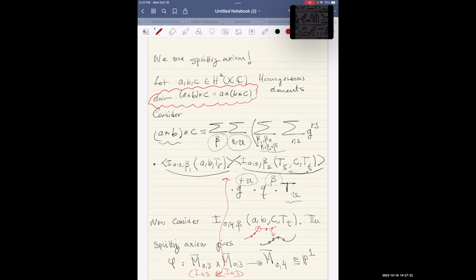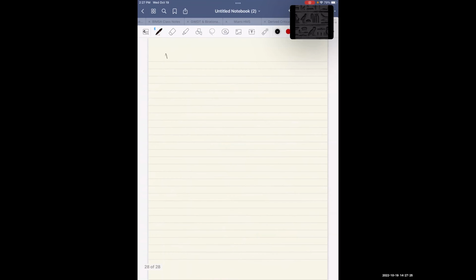Okay, so under this map phi, I'm going to put it again like that. Phi upper star of I04 beta is not equal to 0 unless... Under this map, we can describe the pullback.